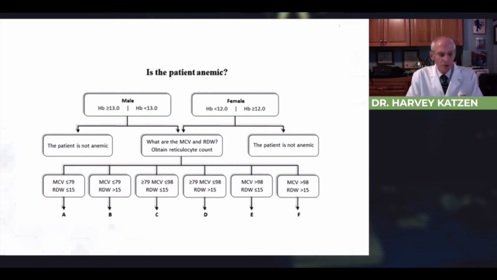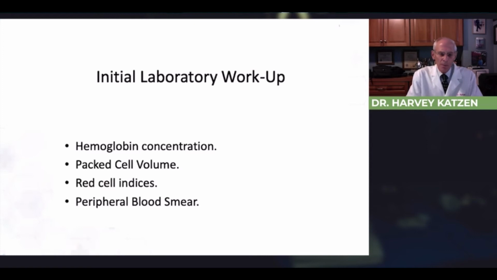As we'll get into in a moment, things like MCV, or the size of the red blood cells, and MCH, or whether or not the red cells are very red, hypochromic or hyperchromic, help us define the anemia and begin to make a determination of what is causing it. So some of the initial laboratory, as I mentioned, is the complete blood count.